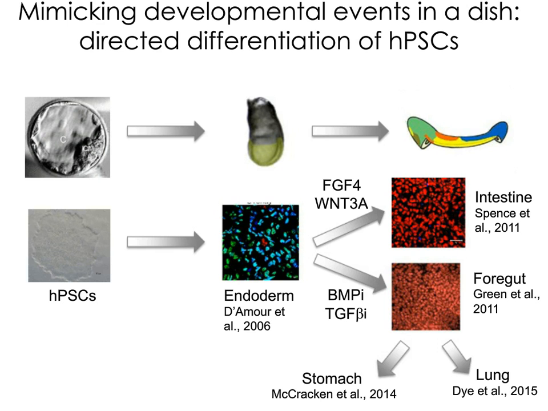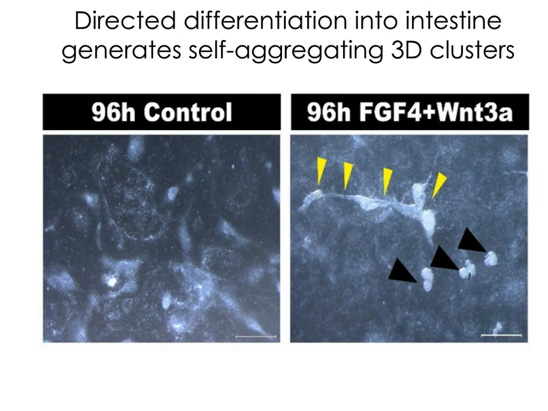So one of the things that we noticed is that when we were attempting to generate intestinal tissue from these pluripotent stem cells, in addition to simply turning on transcription factors that are expressed in the intestine, we also saw the appearance of these three-dimensional structures in the tissue culture dish.